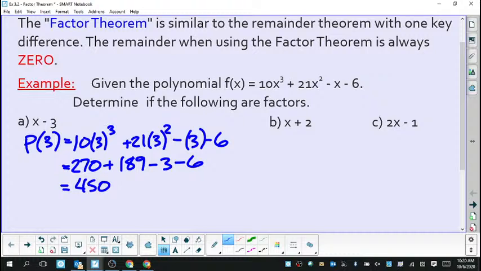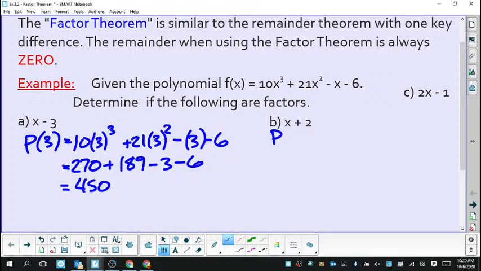Now 450 has a 0 in it, but it is not 0. Is x minus 3 a factor of x cubed? No. Let's try x plus 2.